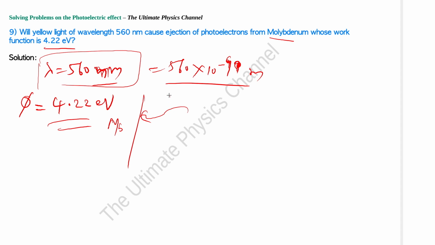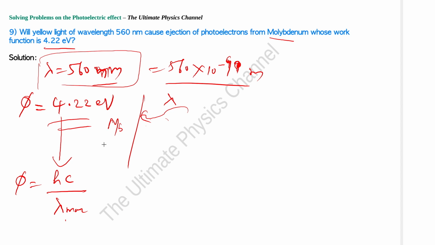Light is incident of a particular wavelength lambda, but the work function we know has an expression phi is equal to hc over lambda max. If any wavelength higher than that value is incident, there is no photoelectric effect, because when it comes to lambda it is max, when it comes to frequency it is minimum.